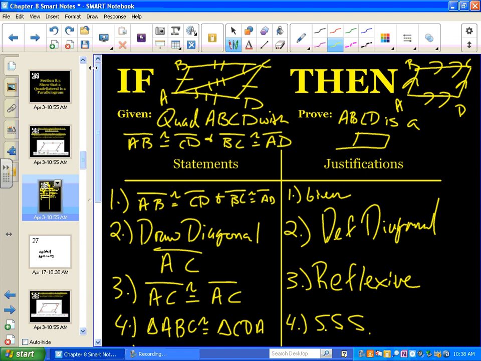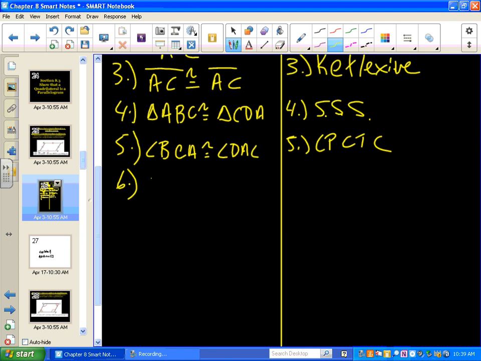Okay? With these two angles being congruent, what now do we know? Molly. BC is parallel to AD. Very good justification. Alternate interior angles, what? Not congruent, but converse. Yep. BC is parallel to AD.